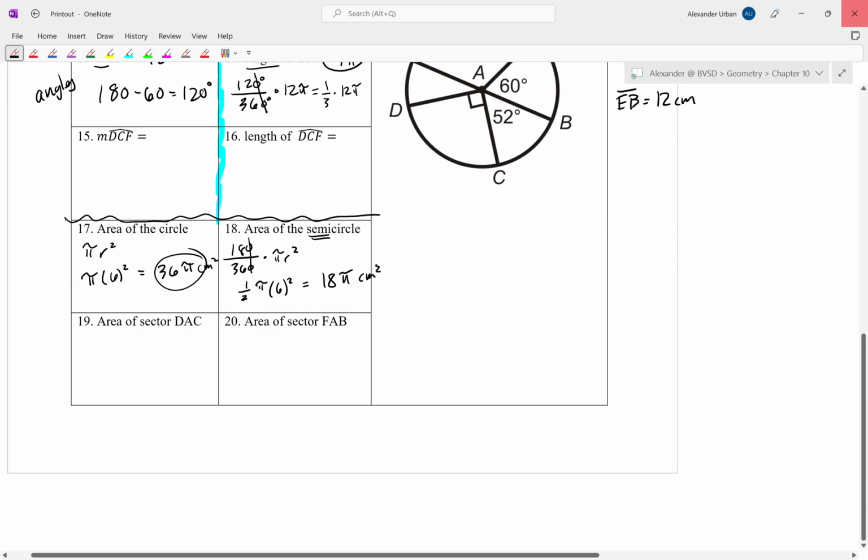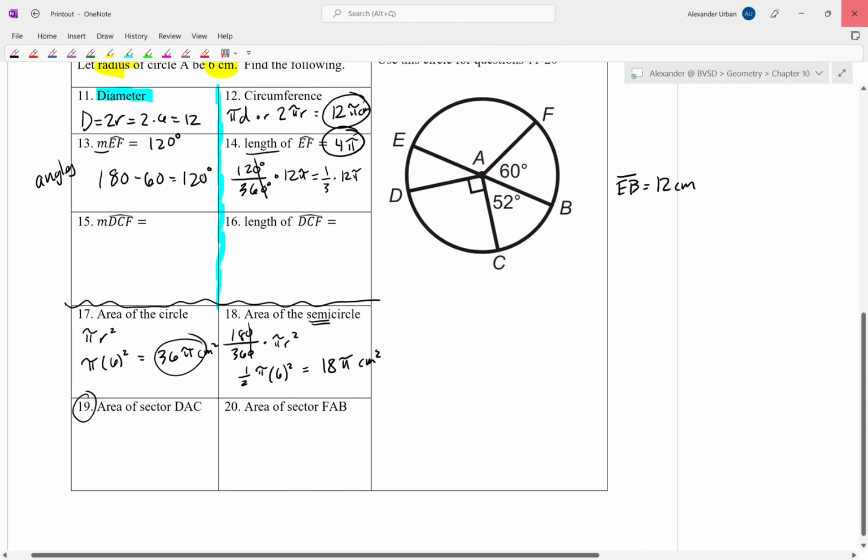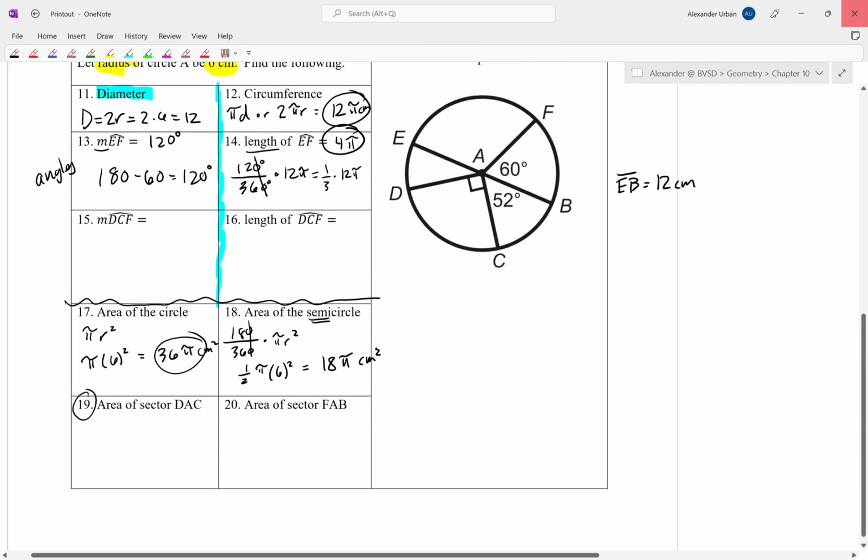Now I'm going to choose to do 19, so you can see it. I want to find the sector area, or area of the sector of DAC. I'm going to highlight that, DAC. So I am going to find the inside area of this part of the circle. I'm going to highlight that right here.